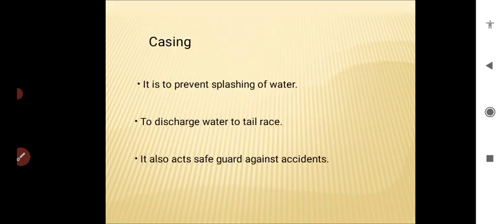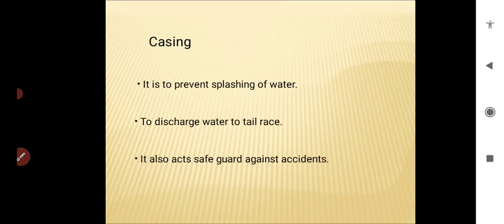And now the casing. It is to prevent the splashing of water. It is to discharge the water to the tail race. It also acts as a safeguard against accidents. The casing for an impulse turbine is a shield cover.